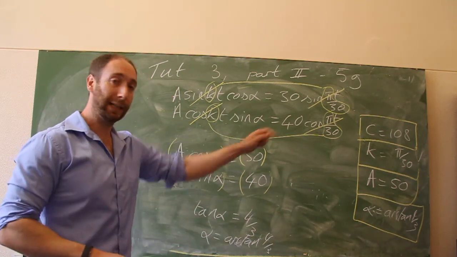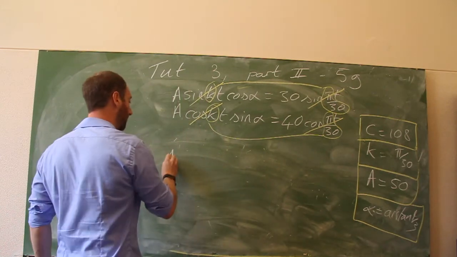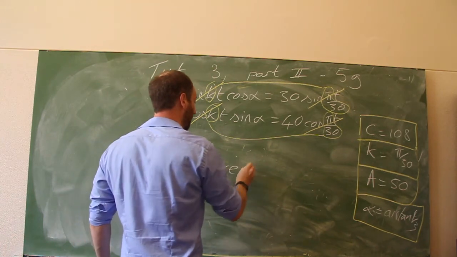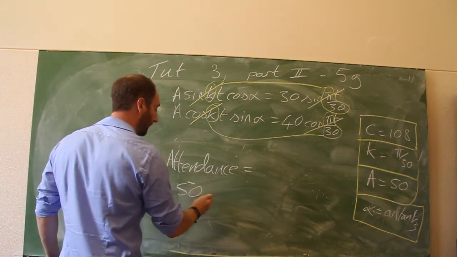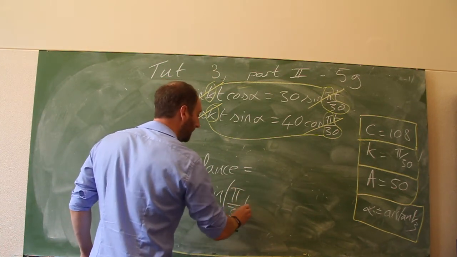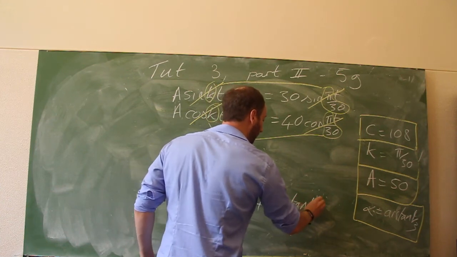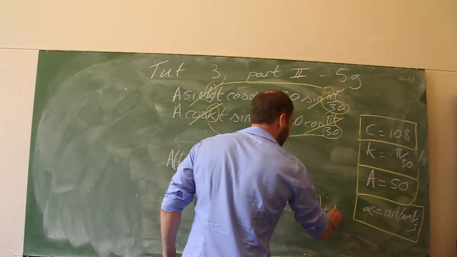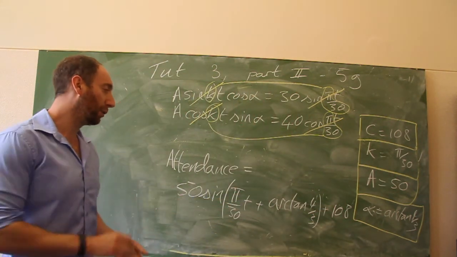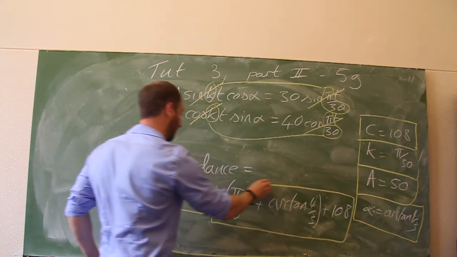Now we can put these back into the original formula, and we can write that the tutorial attendance is equal to 50 sine of pi by 30 t plus arctan 4/3, plus 108, and we've managed now to get the tutorial attendance into the form that was asked for in the first place. So it looks like this.